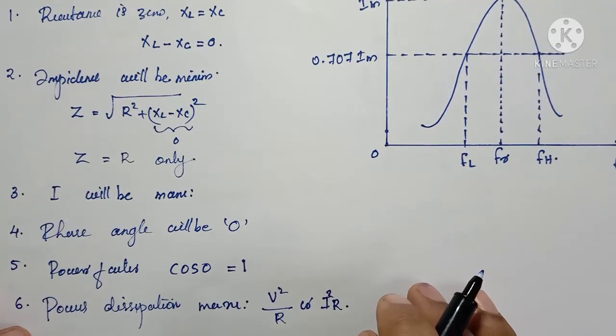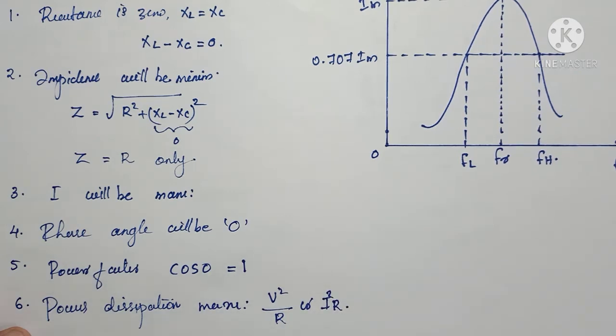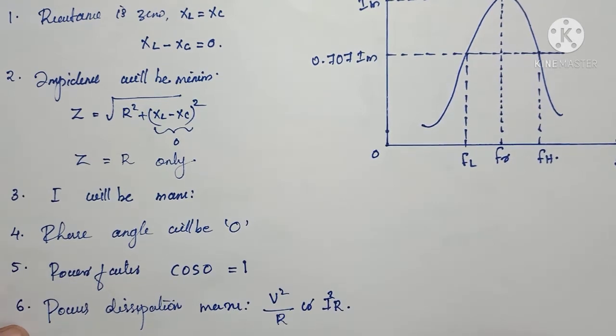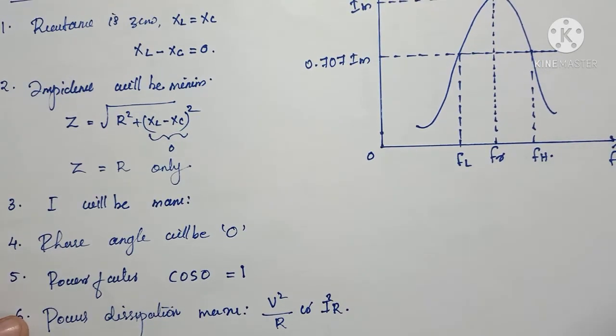So we can say that the resonance condition is the condition for maximum power transfer. At this condition the circuit will supply maximum power to the load. It will transfer maximum power from the source to load. We can remember this point also, important for technical exams.